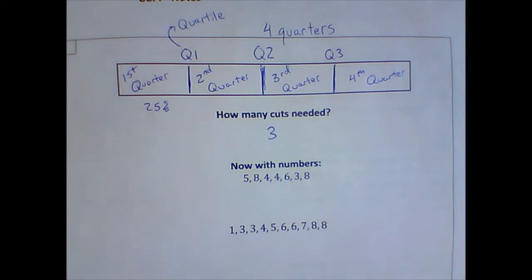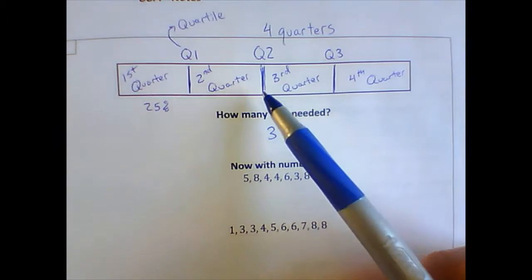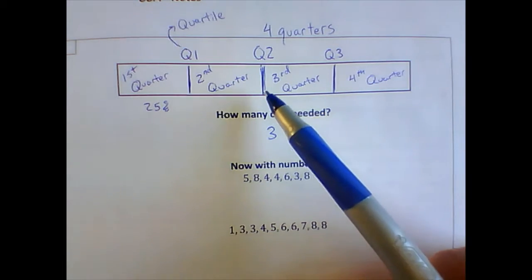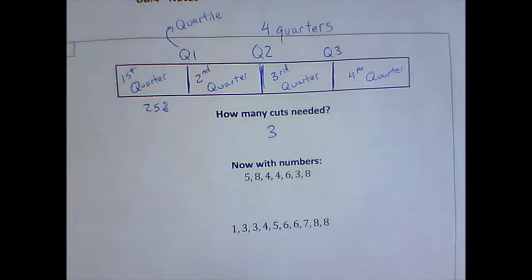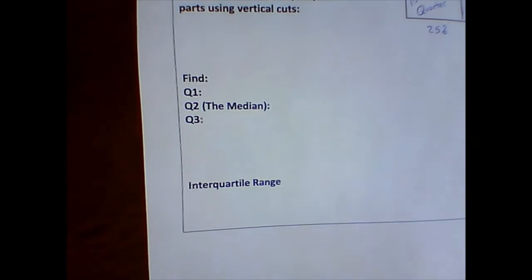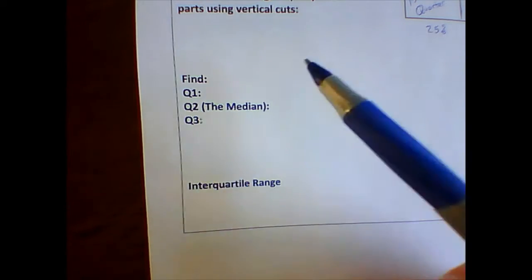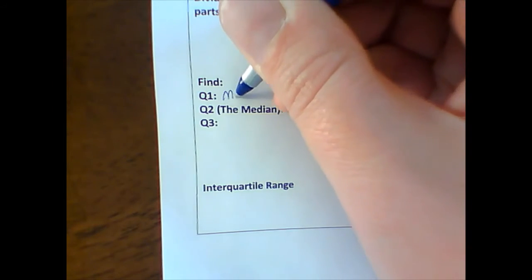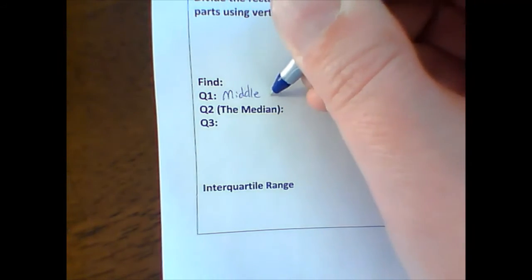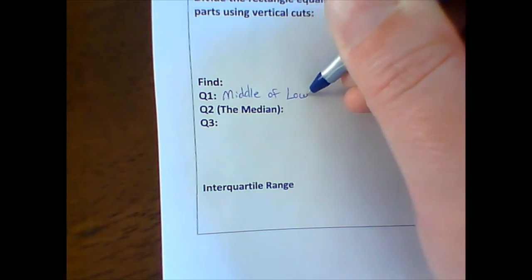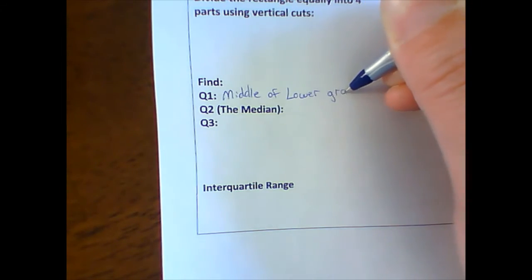Okay. Now those dividing lines mean something in statistics. The middle one, we've already talked about that. The middle one is actually the median if this was a group of numbers. And then Q1 is kind of like the middle, or the median, of the lower data set, or the lower group.